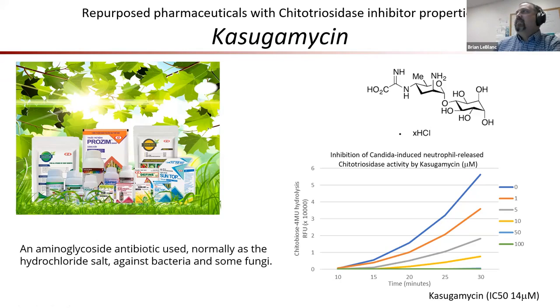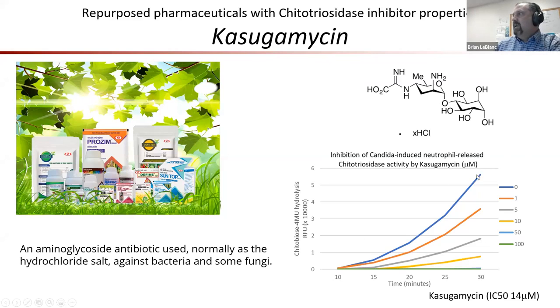So kasugamycin is, well, an antibiotic, and it has some antifungal activities. However, it turns out it has a very strong chitotriosidase inhibition function.